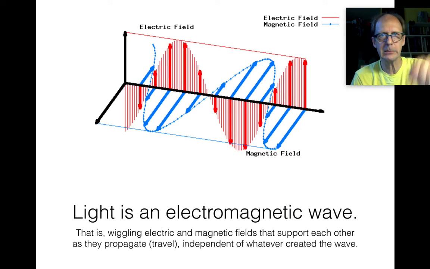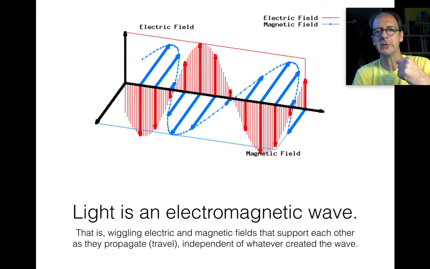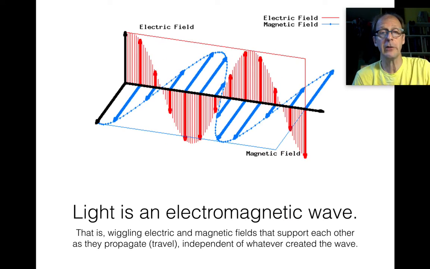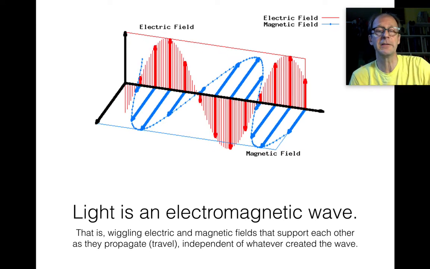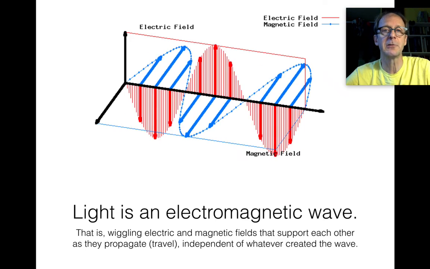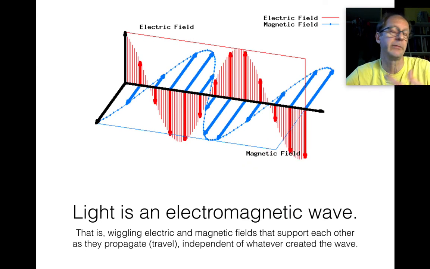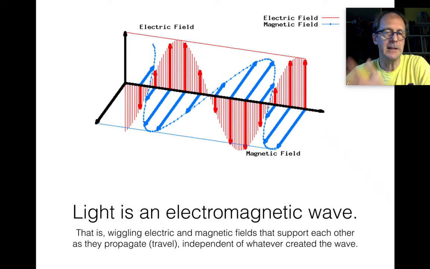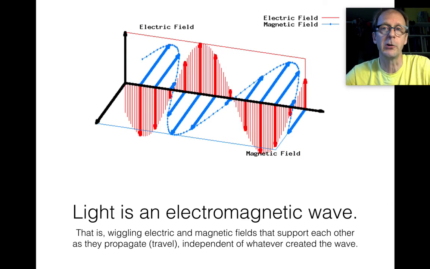A changing electric field actually creates a magnetic field. The changing magnetic field creates an electric field. And they support each other in that way as they travel, as they propagate. And once the light wave is created from some source, say a light bulb or a star, the existence of the light wave continues even if the light bulb is turned off.